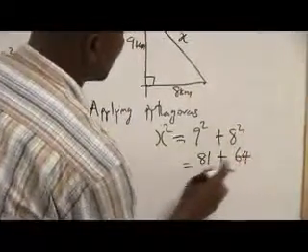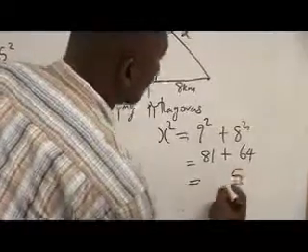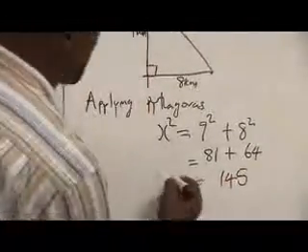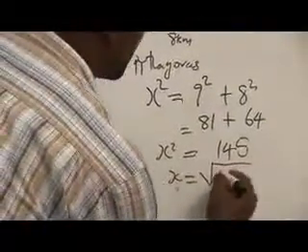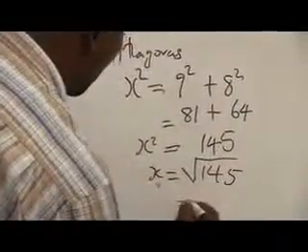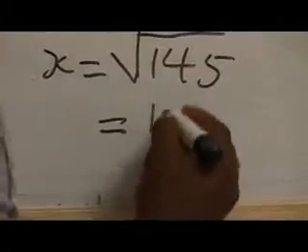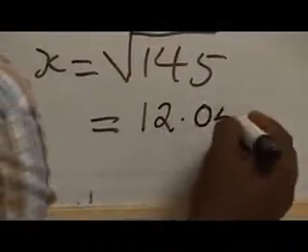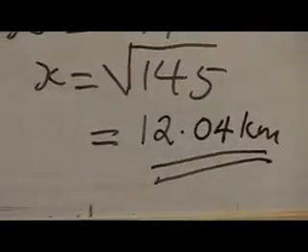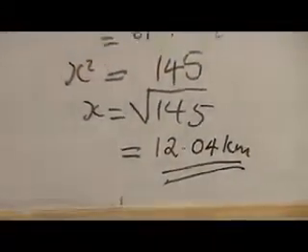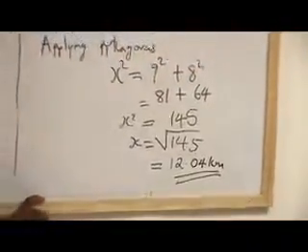And we add these two, it gives us 145. And then x will be what? The square root of 145, which is equal to 12.04 kilometers. So that's it on the application of Pythagoras theorem in solving right angle triangle.